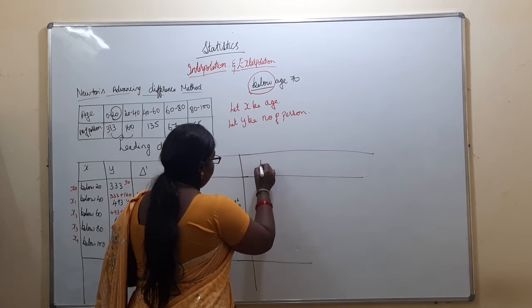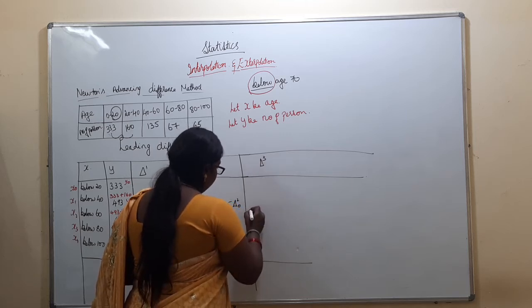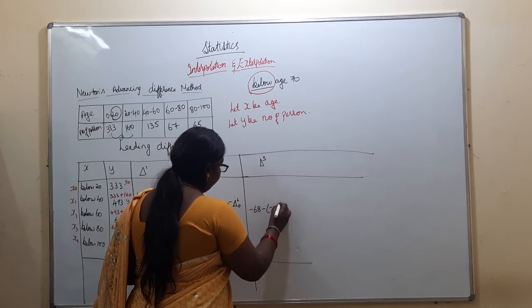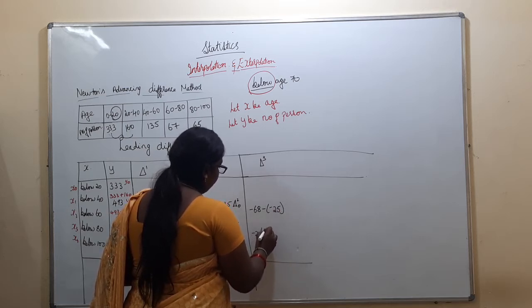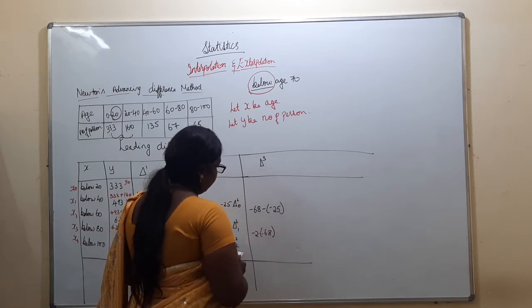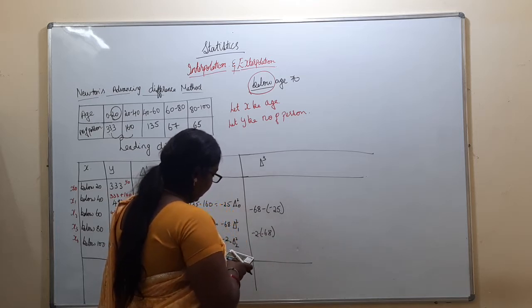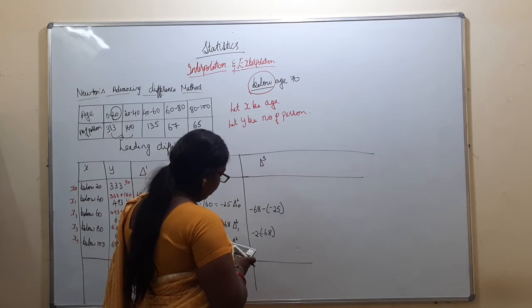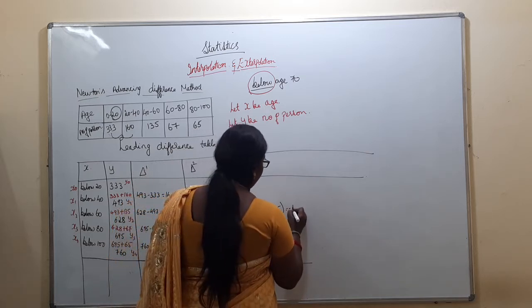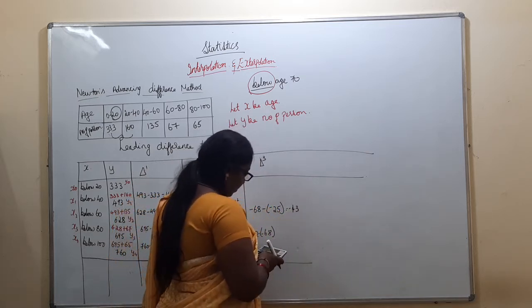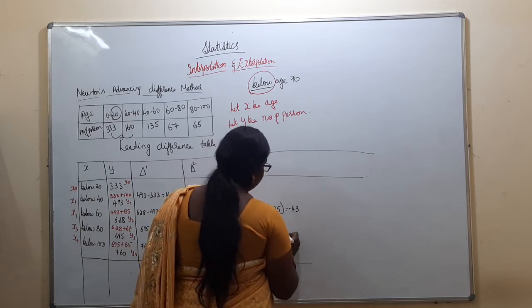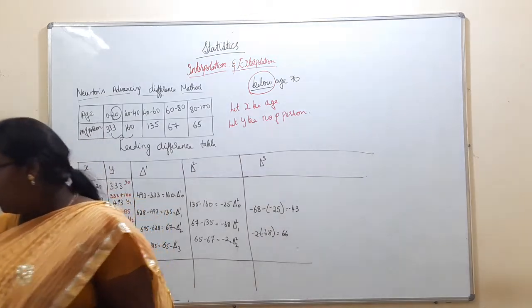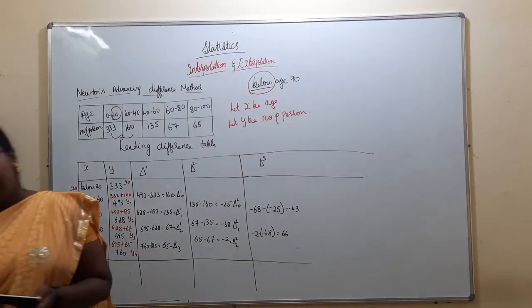Next it is for delta cube. That is minus 68 minus of minus 25, then minus 2 minus of minus 68. Minus 68 plus 25, I will get minus 43, then minus 2 plus 68, I will get 66. So minus 43 and 66 I will get.